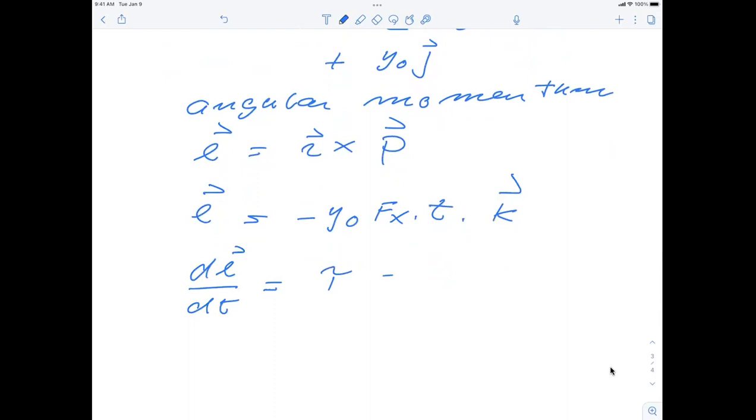So that means that angular momentum in this case is not conserved. So this is just simply going to give me y0 times f of x multiplied with k. So this object has a specific torque. And the torque is also orthogonal to the plane which is spanned by the position and the velocity times the mass, which is the linear momentum.